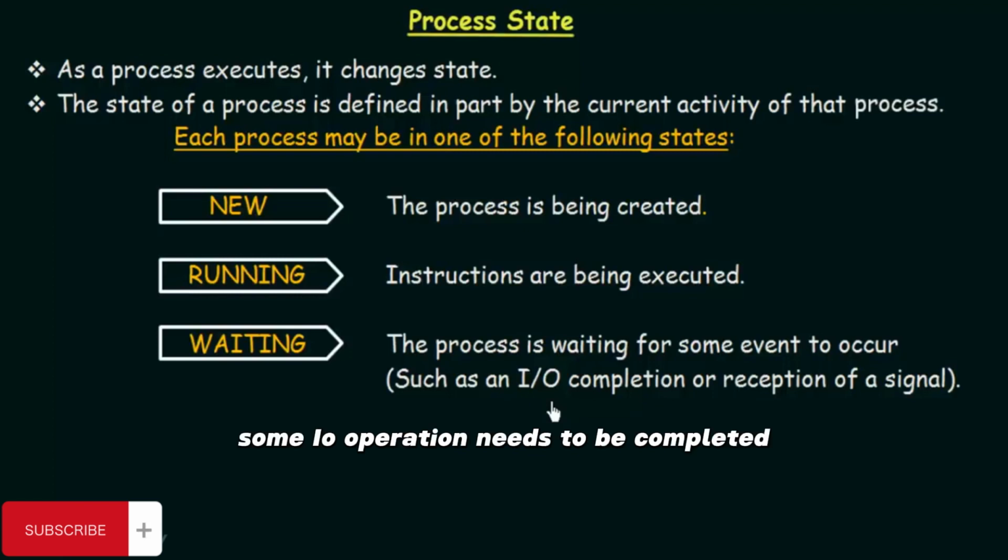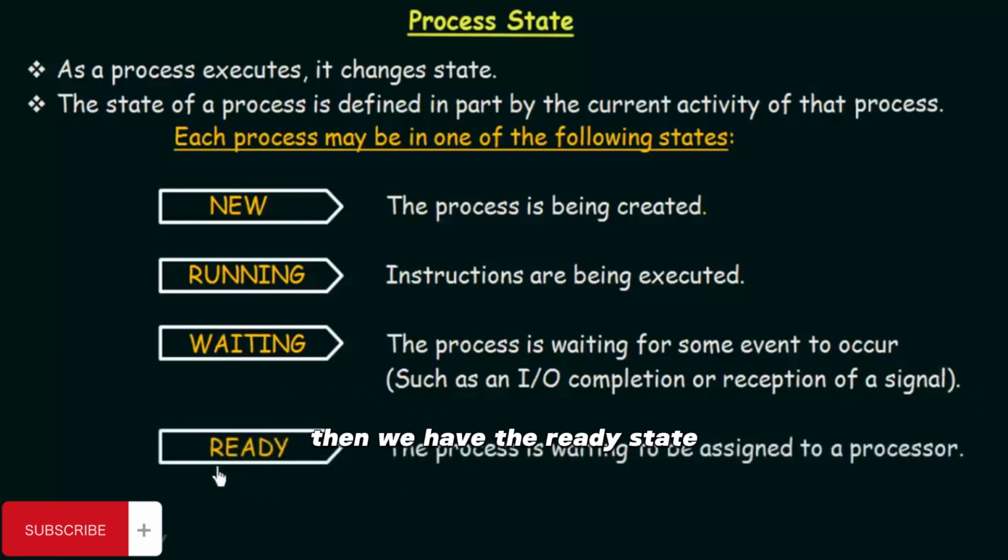Some I/O operation needs to be completed, so the process has to wait for the I/O operation to be completed. Or, if the process is waiting for a signal to be received, there are such other cases that we can have. In such cases, when the process is waiting for some event to occur, at that time we say that the process is in the waiting state.